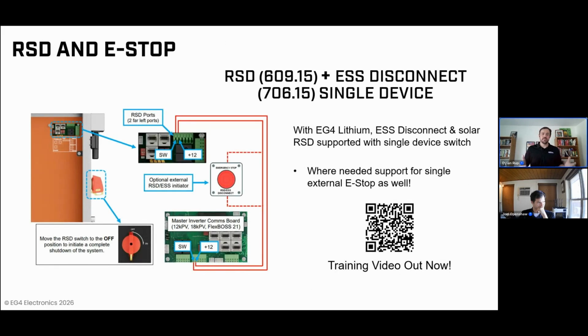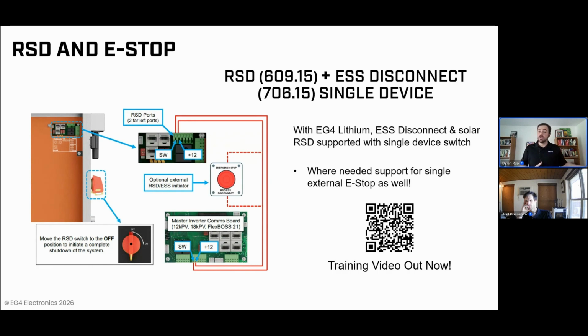And then from a safety perspective, the GridBOSS is a phenomenal safety device. It integrates both rapid shutdown and energy storage system disconnect and emergency stop in a single device. So you can absolutely just flip the red initiation switch on the side of the GridBOSS, and that will initiate both rapid shutdown and emergency stop.